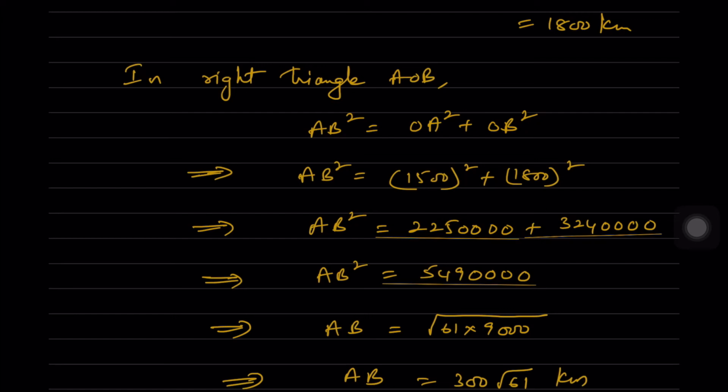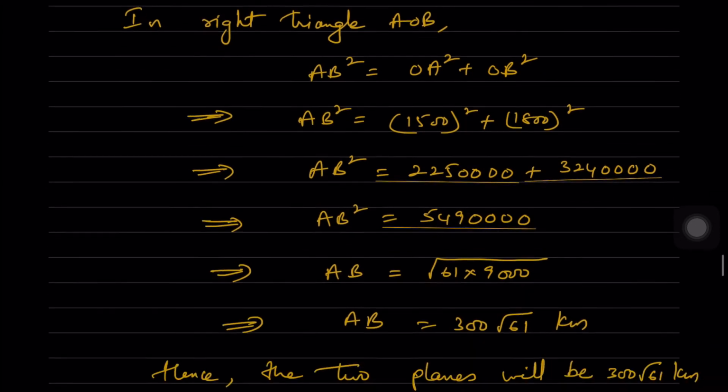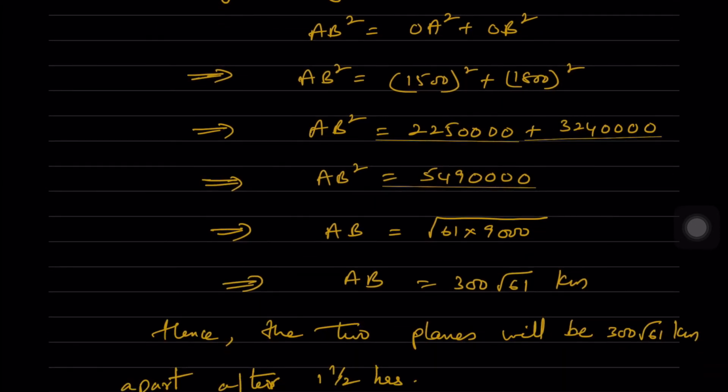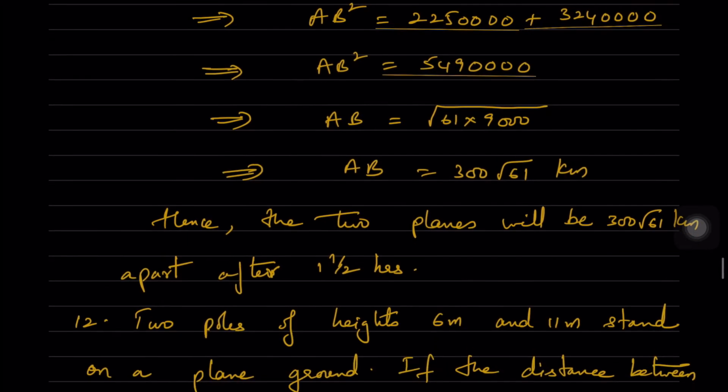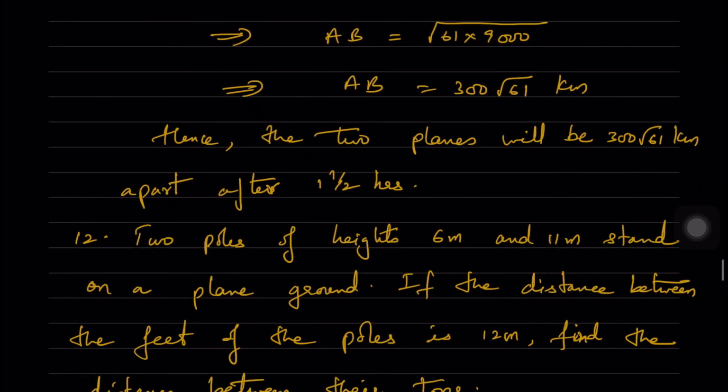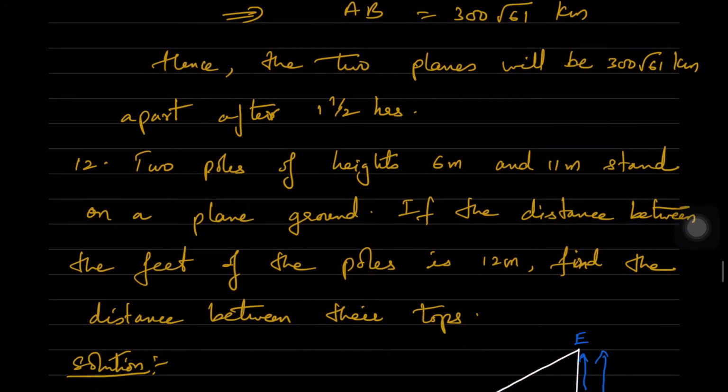So AB square is equal to, add 324 and 225, you're getting 549. So you're getting the answer as root of 61 into 9000, which is 300 root 61 kilometers. Hence the two planes will be at a distance of 300 root 61 kilometers apart after 1.5 hours.